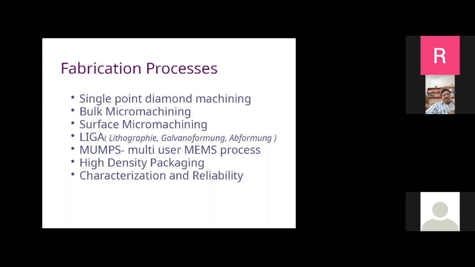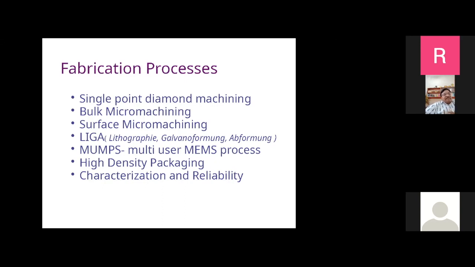Bulk micromachining is one of the common techniques now. It can be used for many, many low-cost sensors. And the more sophisticated devices like the motors or the mirrors you have seen earlier can be fabricated using what is called surface micromachining. I'll show you some process flow next. LIGA is a German process which consists of lithography and so on, all those German names.